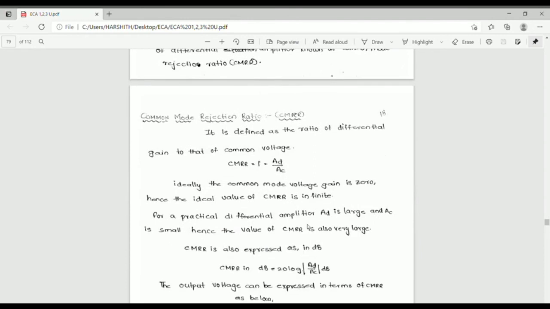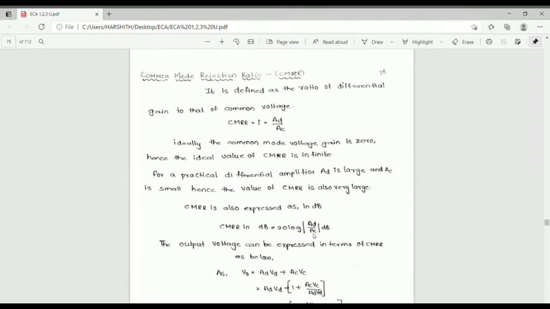It is defined as the ratio of differential gain to that of the common mode gain. So CMRR equal to AD by AC. Ideally the common mode voltage gain is 0. Hence the ideal value of CMRR is infinite.